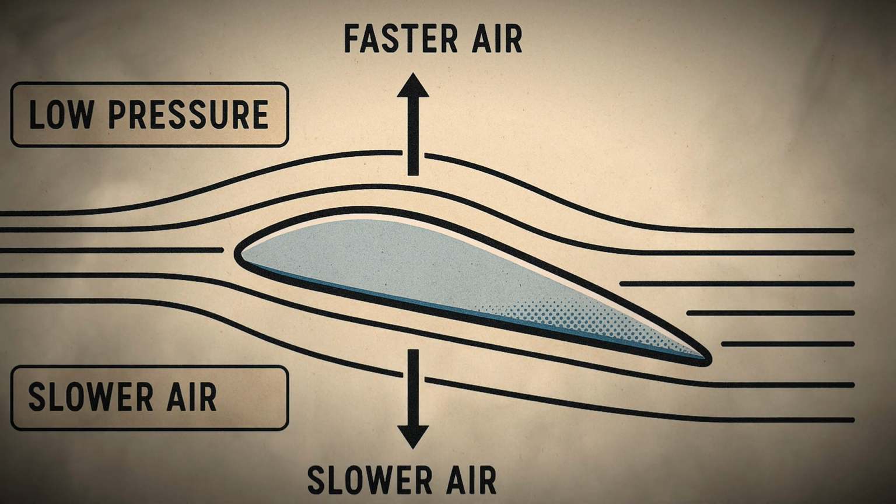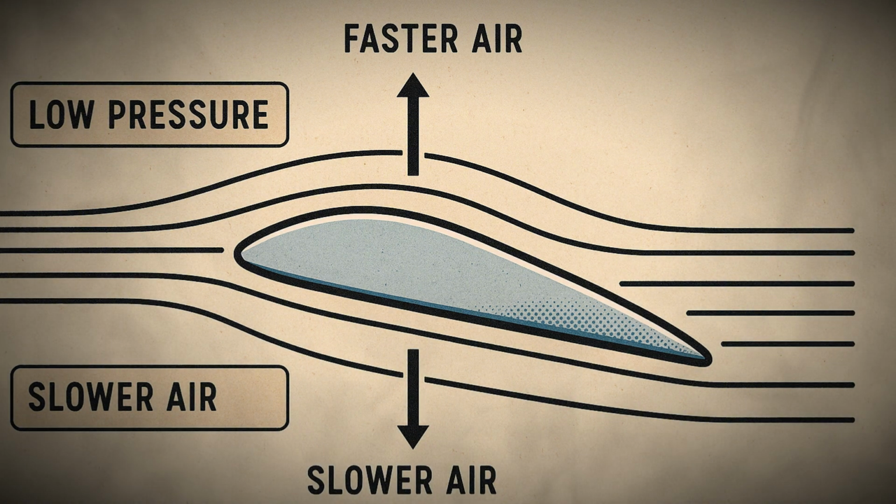Together, these elements form a balanced and efficient machine capable of defying gravity and transporting people and goods across the world. Understanding the structure of an airplane is essential to appreciating the complexity and beauty of flight, and it provides the foundation for exploring more advanced aspects of aerodynamics and aviation technology.